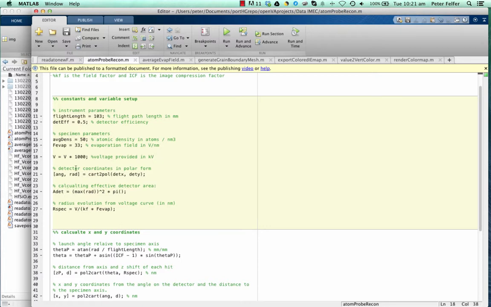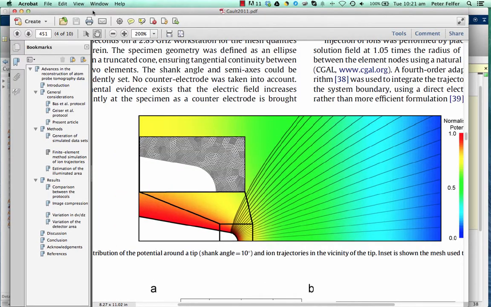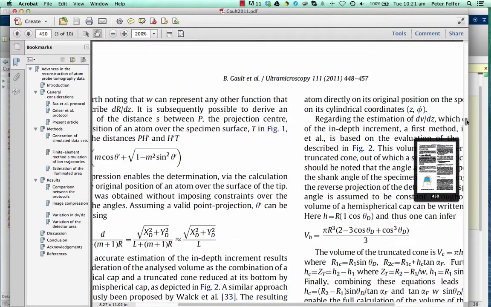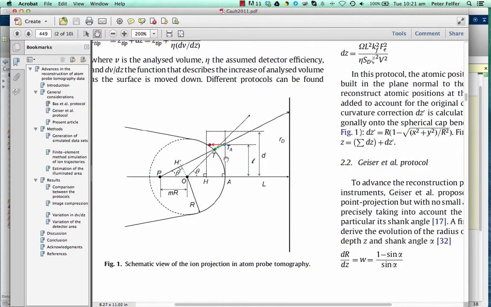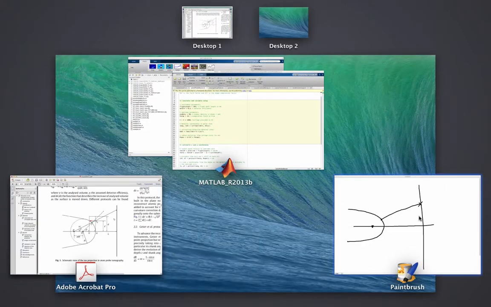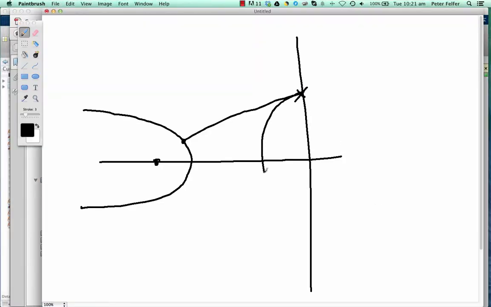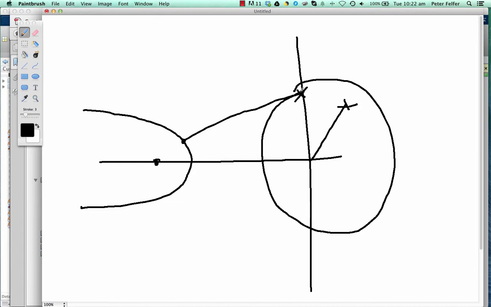Alright, so the first thing to reconstruct is to move ourselves into the plane that you saw in the sketch above. So if we go back to the sketch here, everything's reduced down into one plane, but of course we're in 3 dimensions. What it actually means is that if you look here, say the detector is around here. What we're calculating is for another hit. Sorry, it's not for this hit here. Let's say we've got another one that came from somewhere here, and it flew to a detector somewhere here.